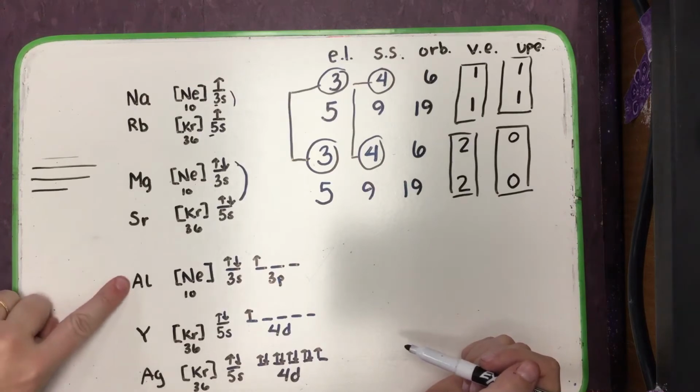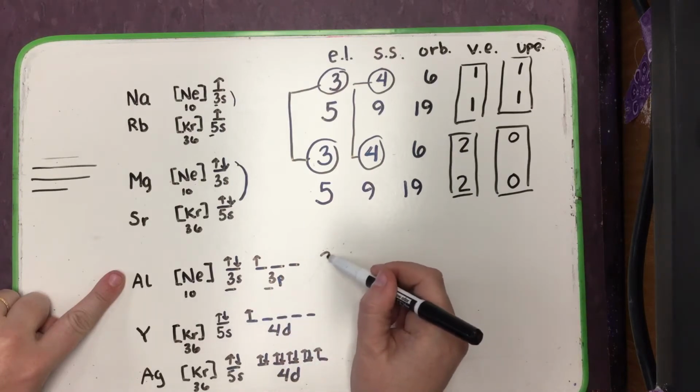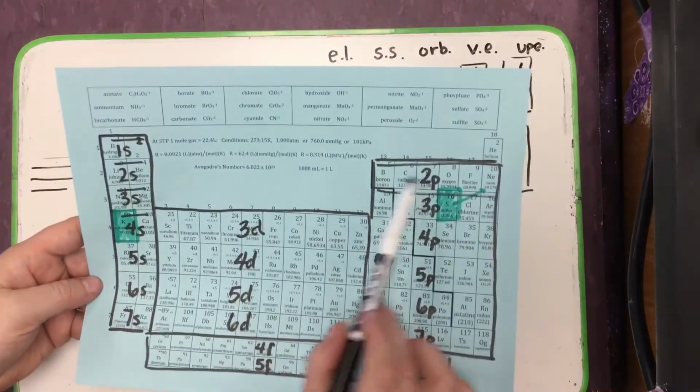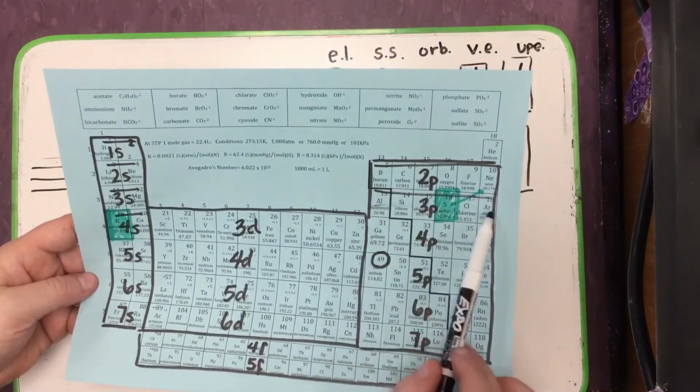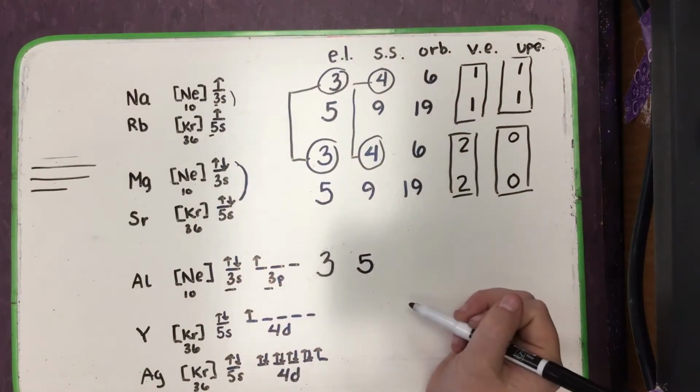Let's jump over to group 13, which is where aluminum was. It's still on the 3rd energy level. Subshells, 1, 2, 3, 4, 5. It's now added 1 more region, so that's 5 subshells.